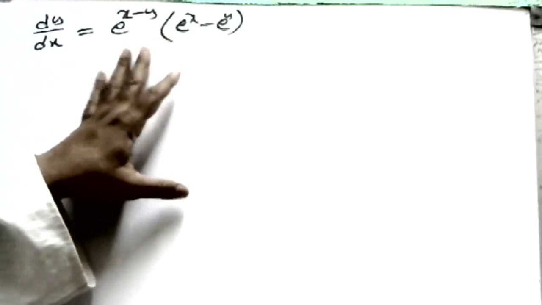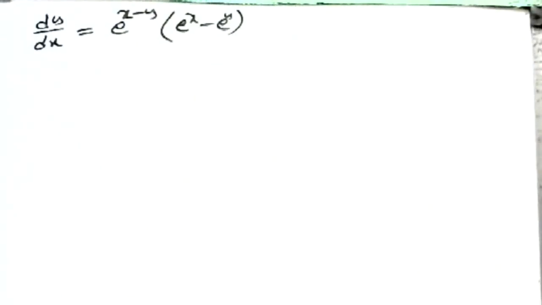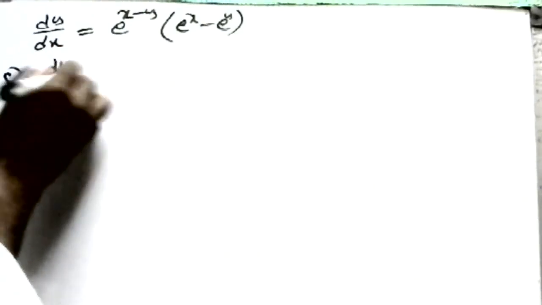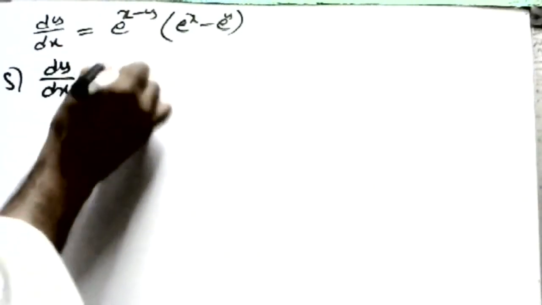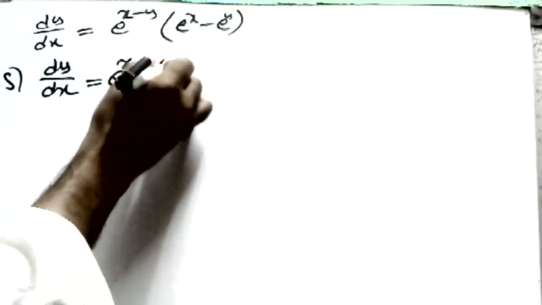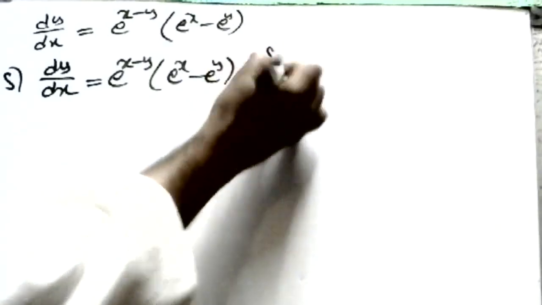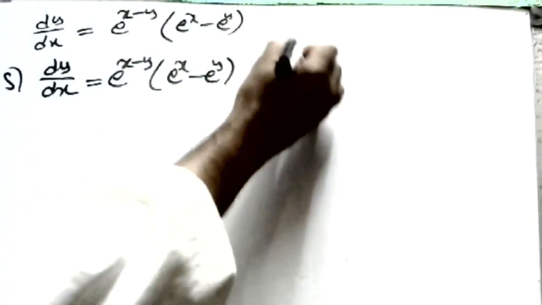Now see here, let me do this last question. This is not the form of Bernoulli's, but it is similar to Bernoulli type. Let me write this question once more: dy by dx equals e power x minus y into e power x minus e power y. I'm changing it like this.